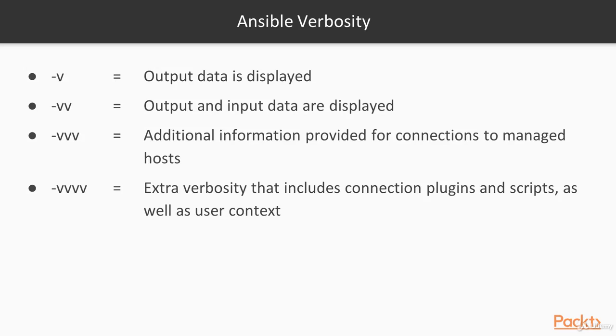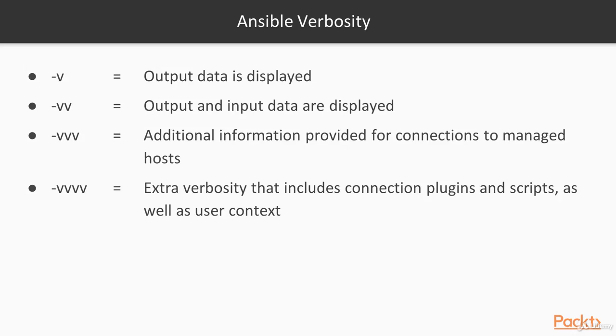If we increase that to 2 Vs, the output and input data is displayed. Increasing it to 3 will give us additional information provided for connections to managed hosts, and increasing it to 4 gives us extra verbosity that includes the connection plugins and scripts as well as user context.